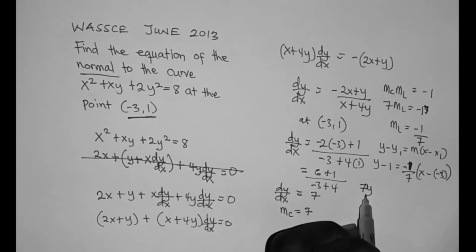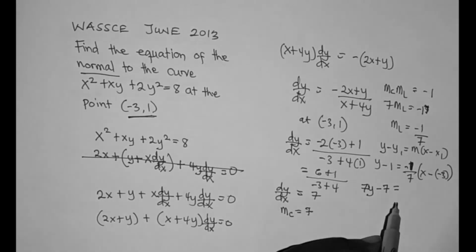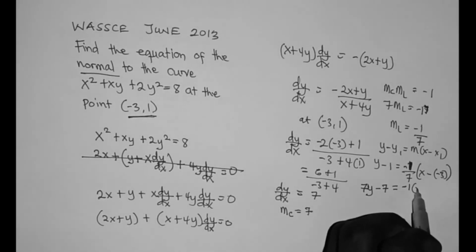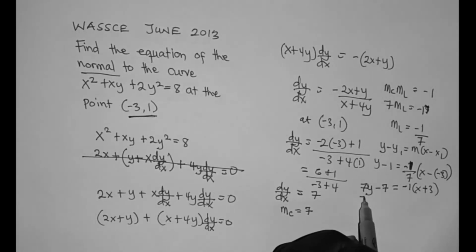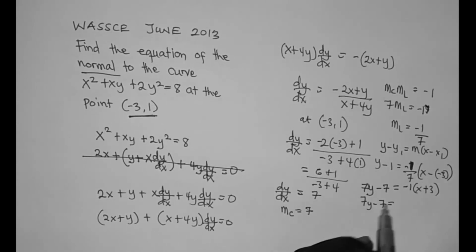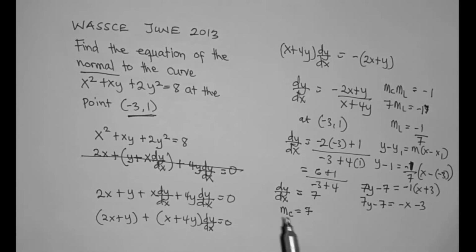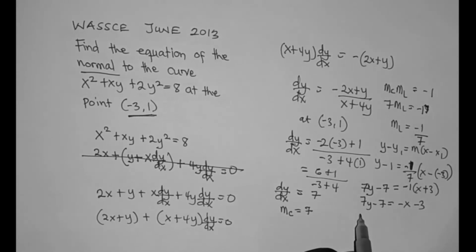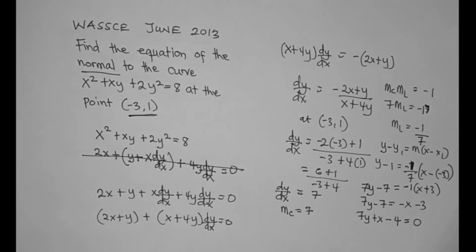We'll get 7 times y is 7y, minus 7 times 1 is 7, equals -1 times (x minus -3), which becomes +3. So we'll get 7y minus 7 is equal to -x minus 3. Let's bring everything to the left hand side. We'll get 7y plus x, then -7 plus 3 becomes -4, is equal to 0. This is the equation of the line.